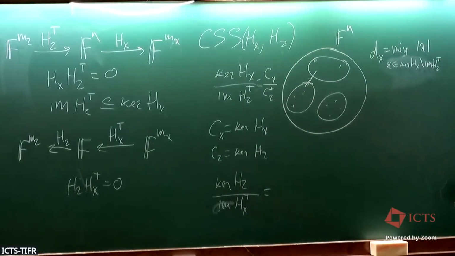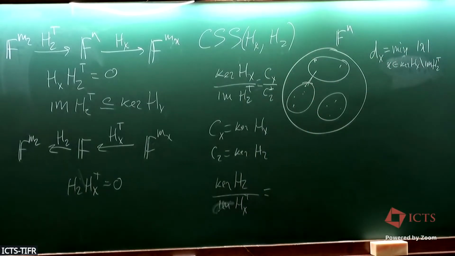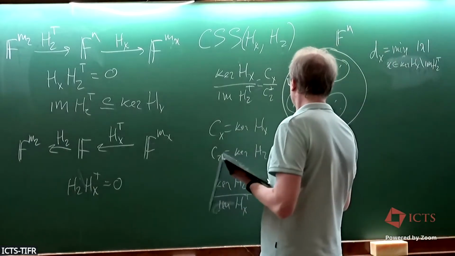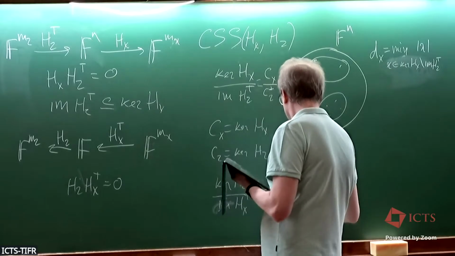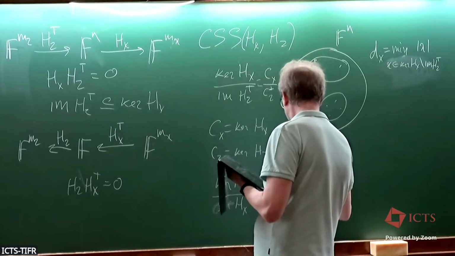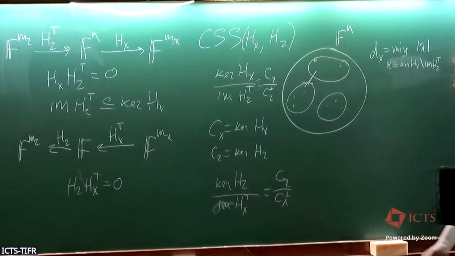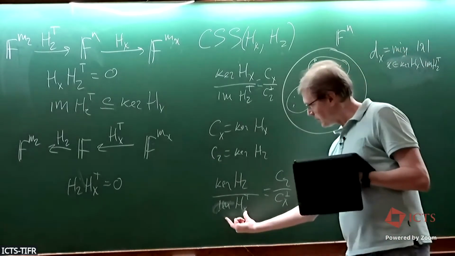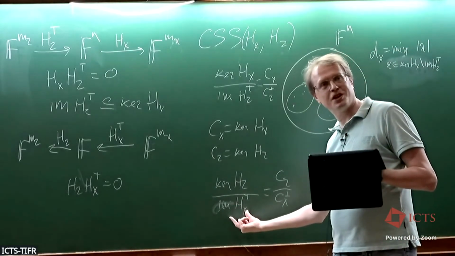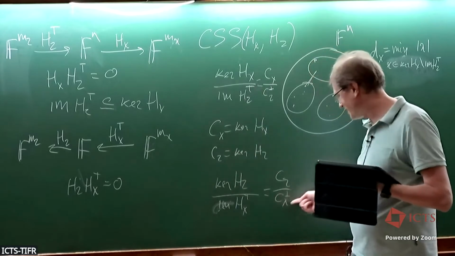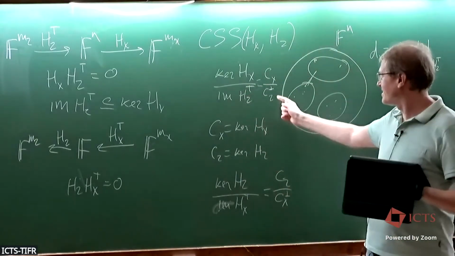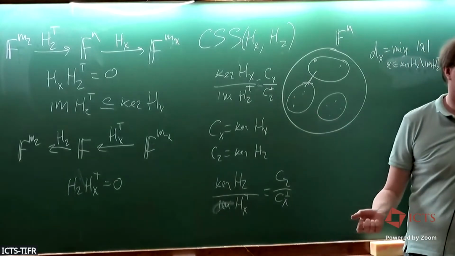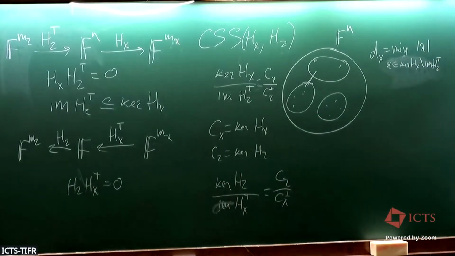This is a dual code. And here we also have C_Z divided by C_X dual, because the image of H_X, here H_X works as generator matrix, and here H_Z works as generator matrix. This is why it is dual. Is it clear? Do you have any questions?